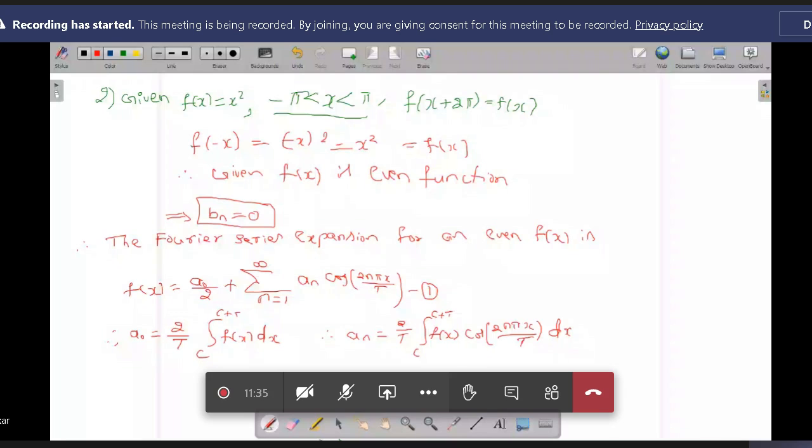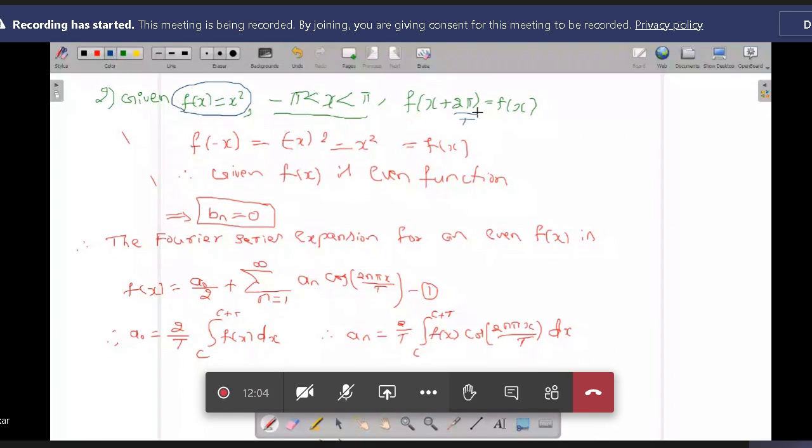We need to find the terms a naught and an. What is given? f of x is given, and the period is 2 pi. So with this I can easily evaluate a naught and an.